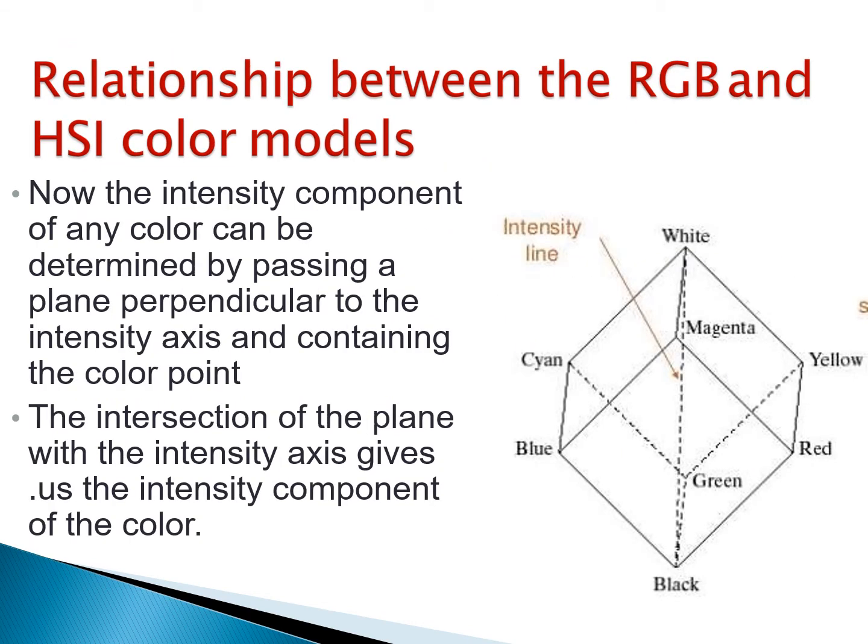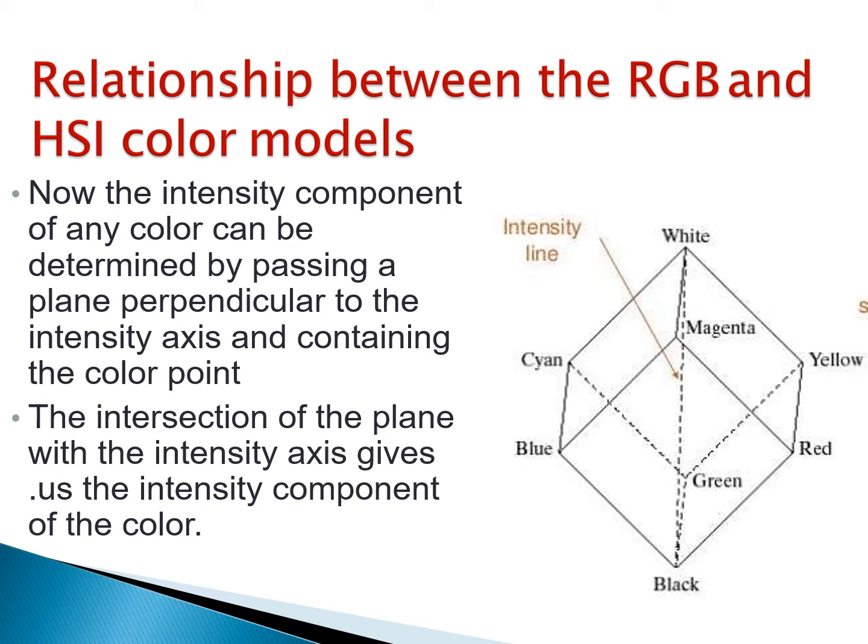As discussed previously, an RGB color image can be viewed as three monochrome intensity images. This becomes rather clear if we take the color cube from before and make it stand on the black vertex with the white vertex directly above it, as shown in this picture.